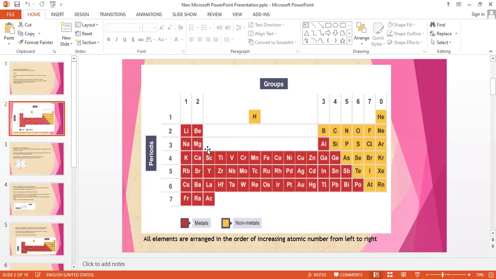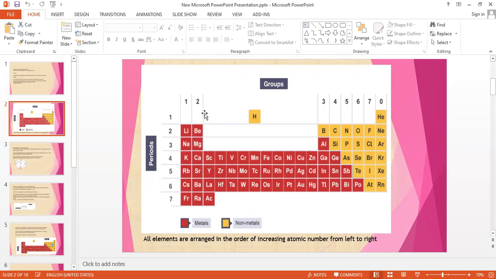So here is lithium, here is sodium, potassium, rubidium, cesium, and francium. Francium, right? 1, 2, 3, 4, 5, 6, six elements which have 1 electron in the outer shell. So these elements are the group 1 elements: lithium, sodium, potassium, rubidium, cesium, and francium.